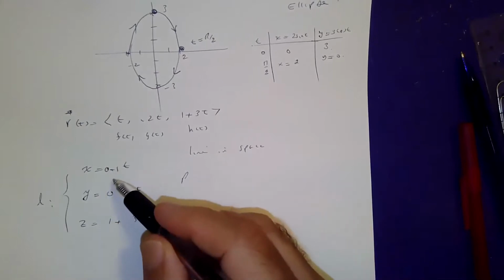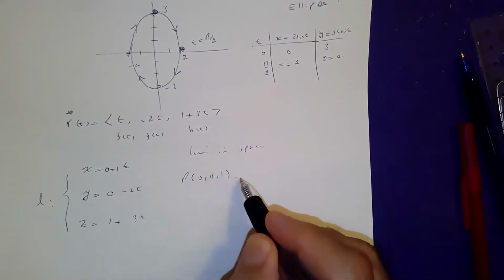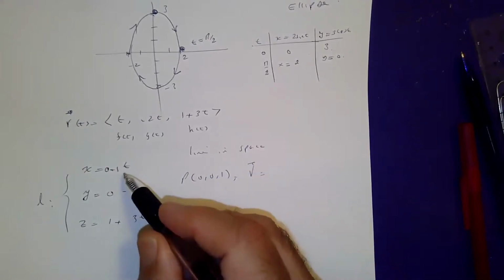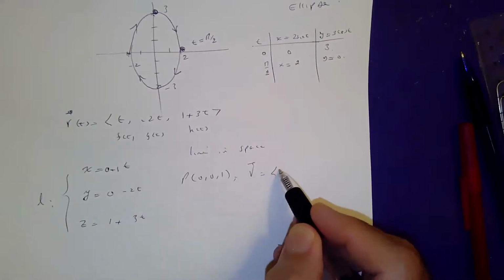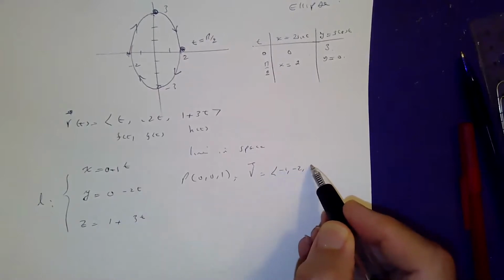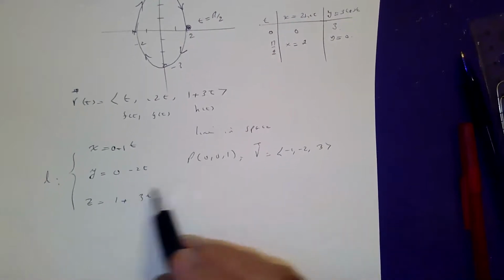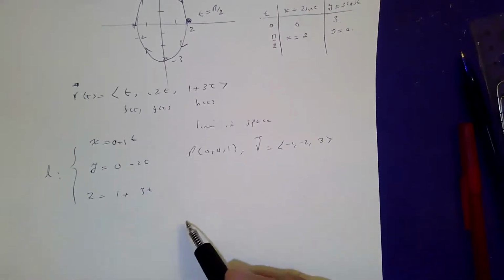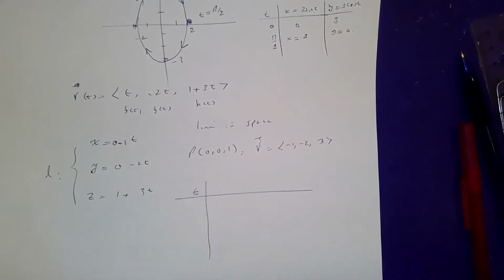And it goes through the point 0, 0, 1, is that right? And it's parallel to, what's the direction of this line? 1, negative 2, and positive 3. If you did not recognize that, no problem. All you have to do is plot some points.